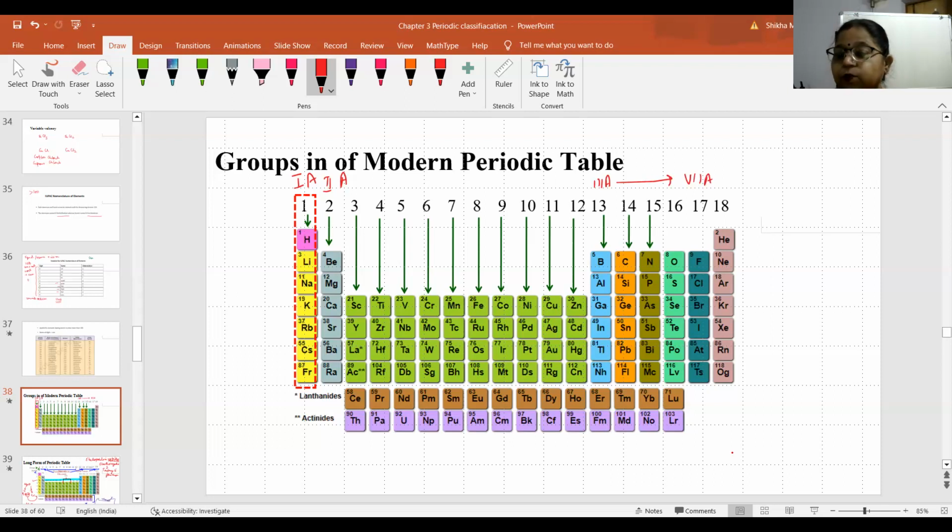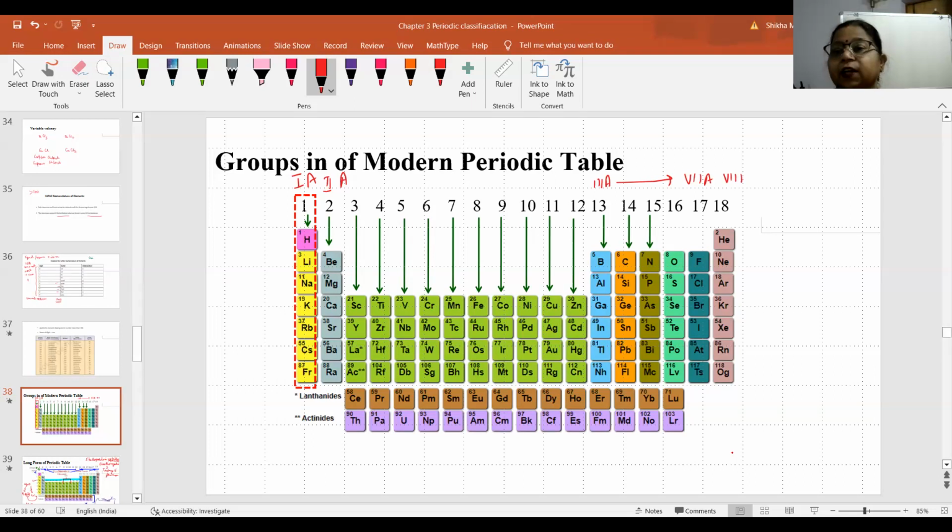I'm waiting for your response, students. No, ma'am. Okay. See, this numbering, although they say they have discarded it, still many a time the question is asked. Two years ago, they asked a question based on this nomenclature or numbering of the groups of the modern periodic table.